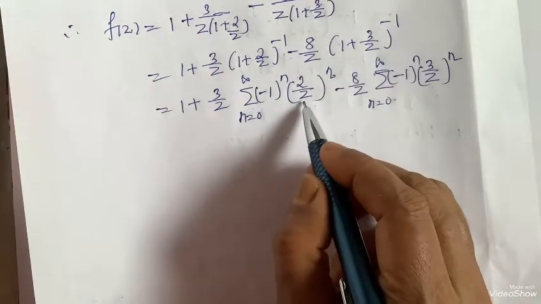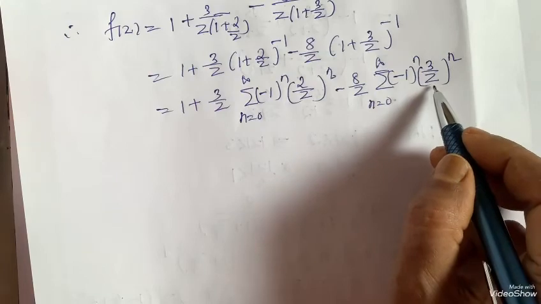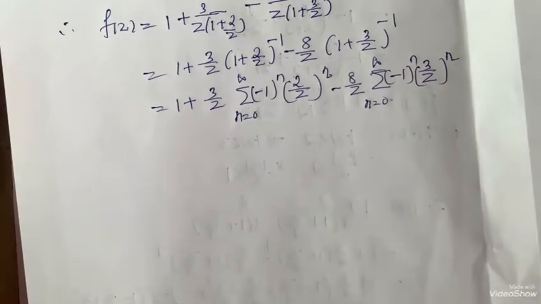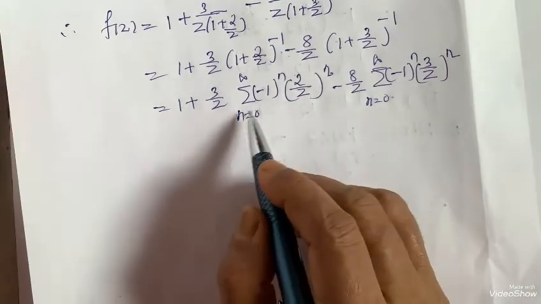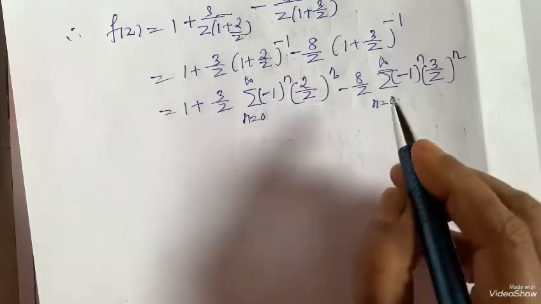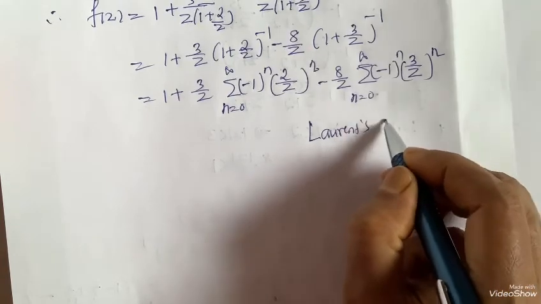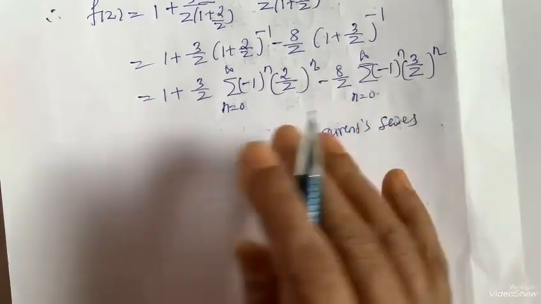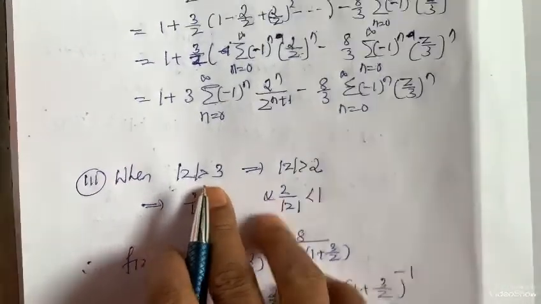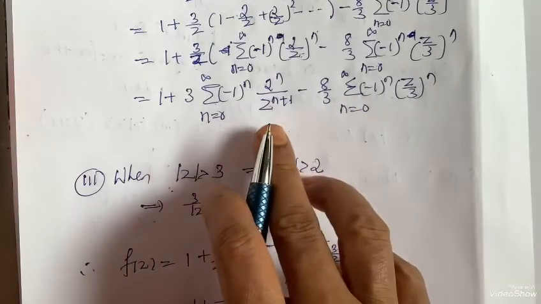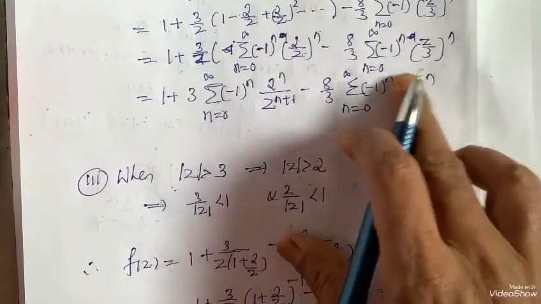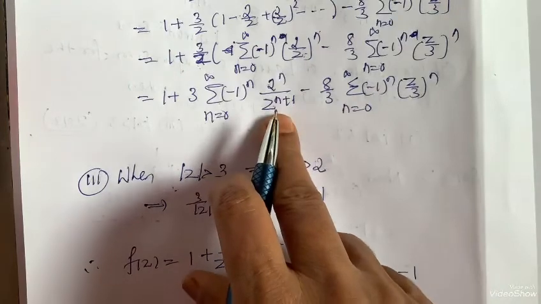Here z is in the denominator, here also z is in the denominator, so it is a negative power. So you can say this is again a Laurent series for the region mod z more than 3. One power you are getting positive here, but this is a negative power here.